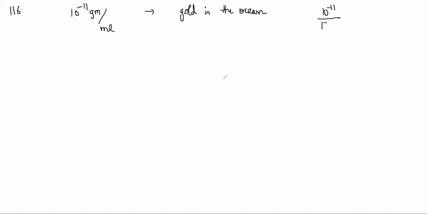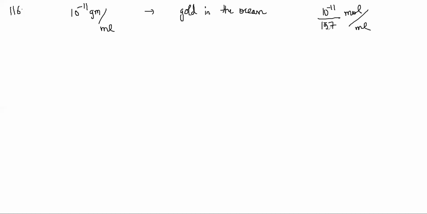You can look at the periodic table and find out whatever it is. Let me just check. Gold is 197. So you divide it by 197, that will give you moles per ml.